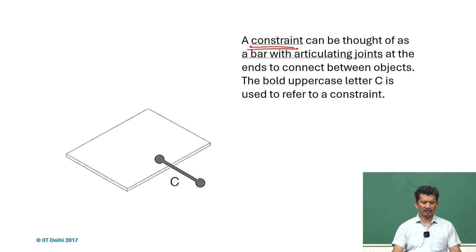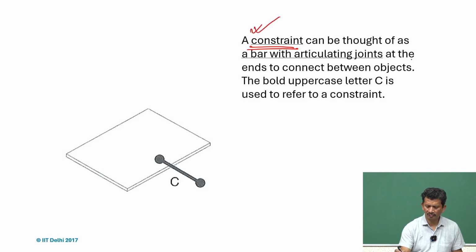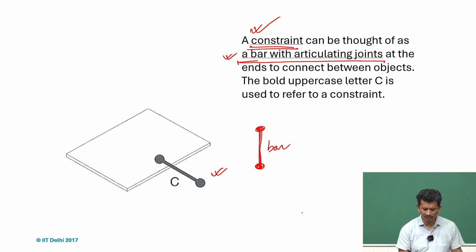Whenever we want to represent a constraint, we can think of a bar with articulating joints. Articulating means it can rotate anywhere. Think of a spherical joint, so it is more like a dumbbell.